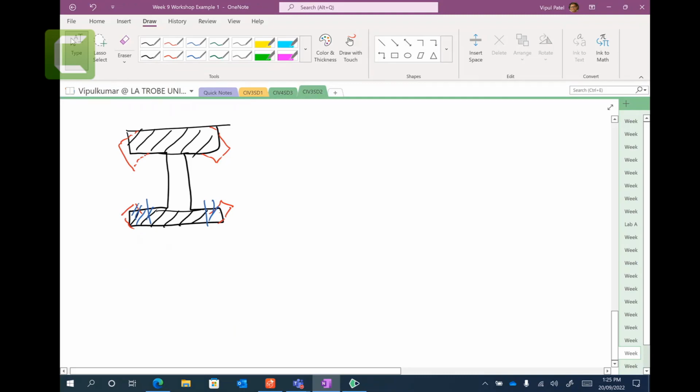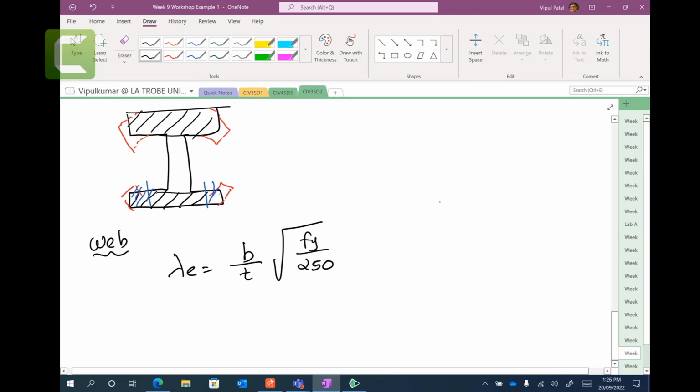Now, let's do the web business. Lambda e is equal to b on t times square root of fy on 250. You know where this equation is coming from, because I showed you that just before. Now this b for the web would be this one. This is b and this is t.